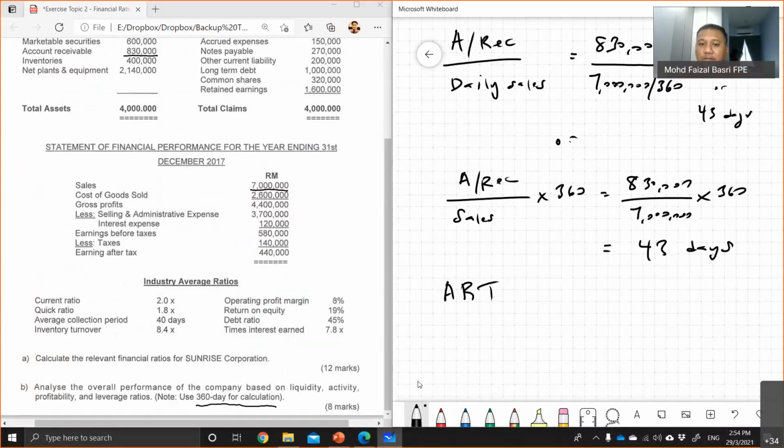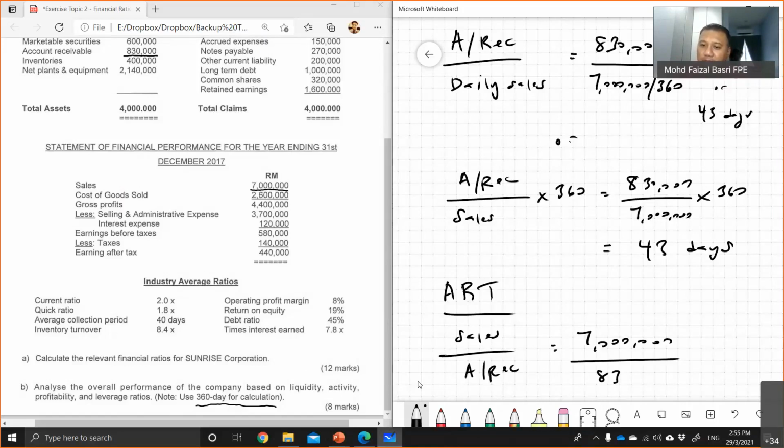So the formula would be sales divided by account receivable. The items are basically the same as before, but it's the other way around, and we don't have to multiply with anything. So it's 7 million divided by 830,000. So you get here about 8.43 times.